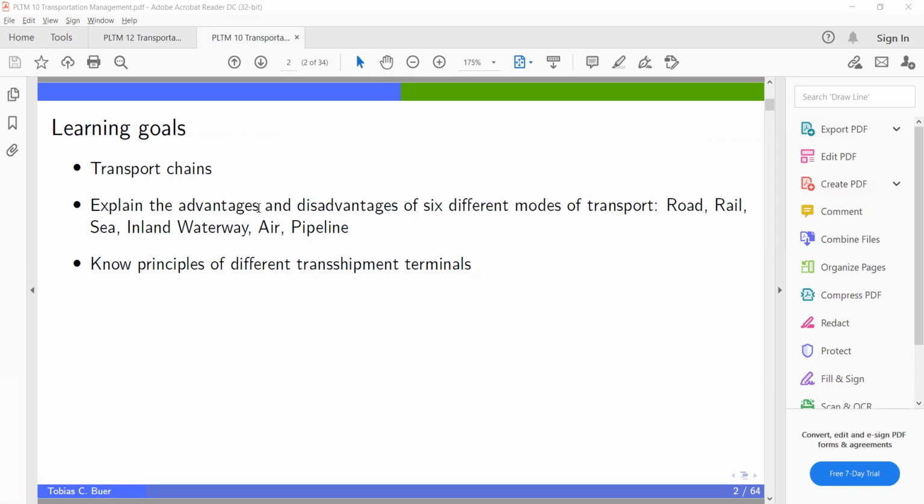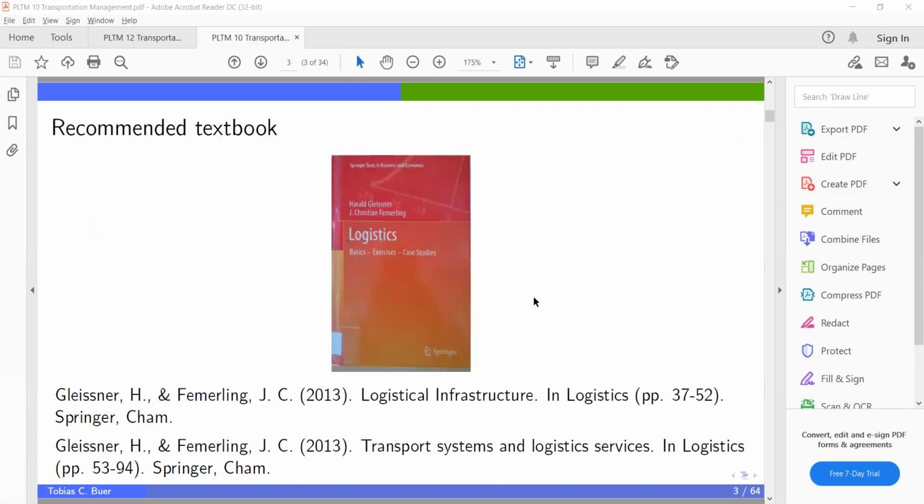And you should be able to discuss key principles of transshipment terminals. You see, this is all very much based on knowledge and understanding. For this first part, there's not so much of calculation questions. And as it is recommended here and also available on Moodle, please check out the textbook.